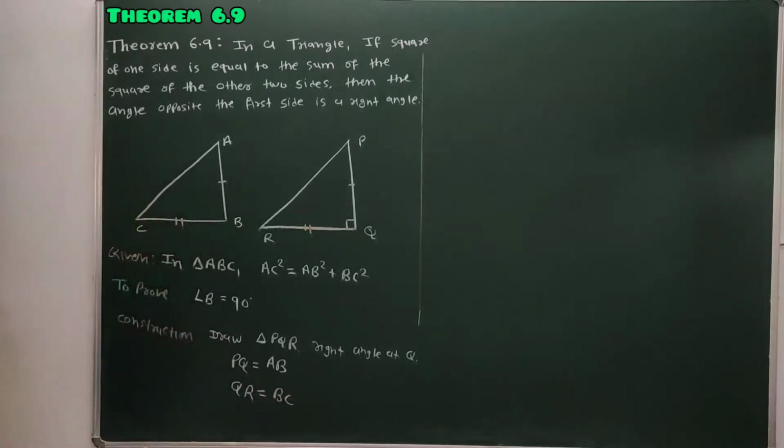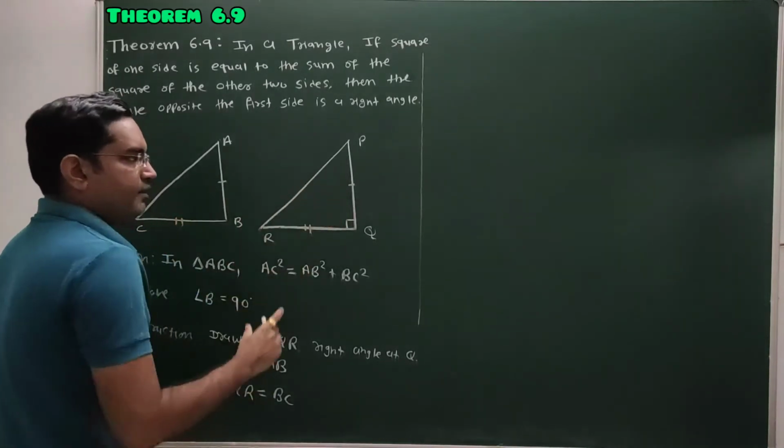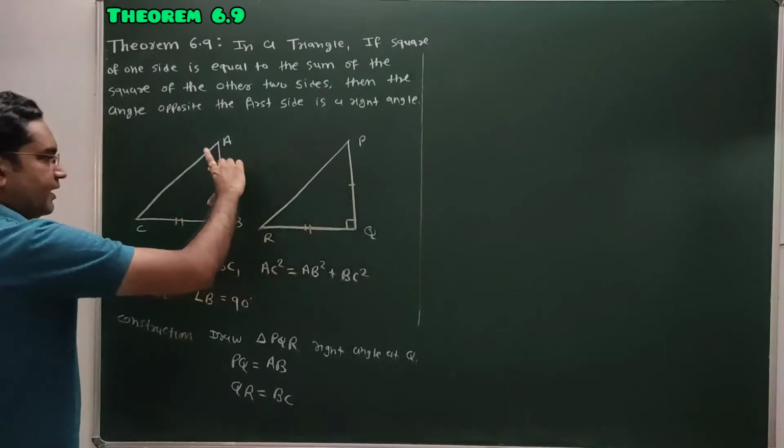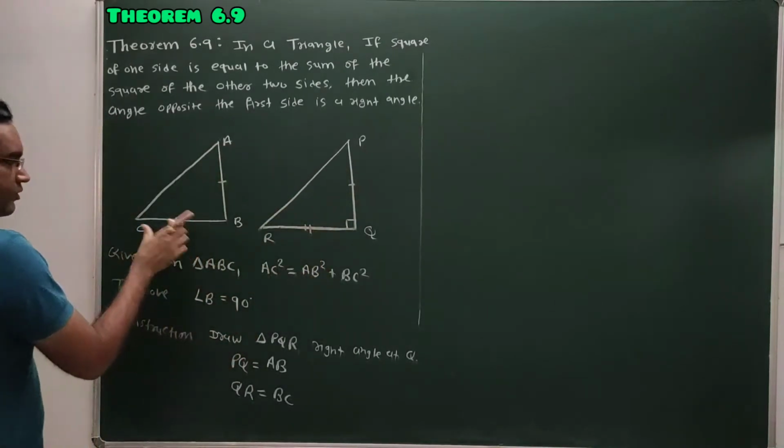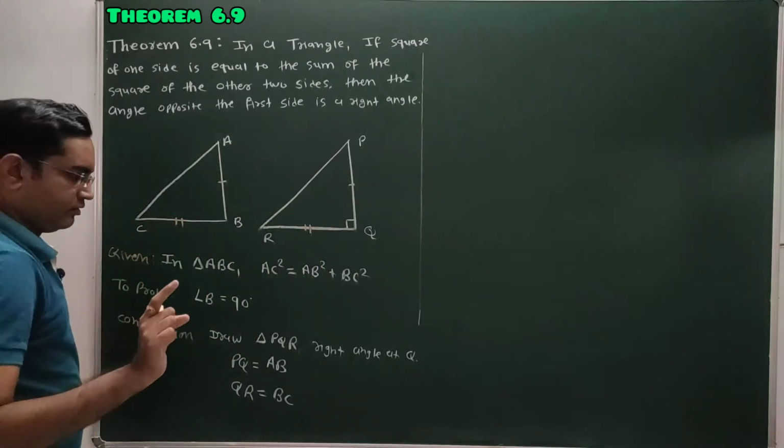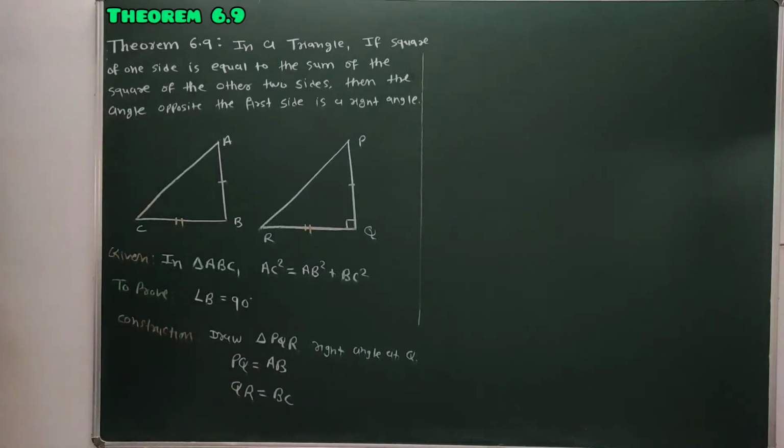So we have to draw one right angle triangle in which side PQ is equal to side AB and side QR is equal to side BC, not isosceles. My mistake. So this is our construction.